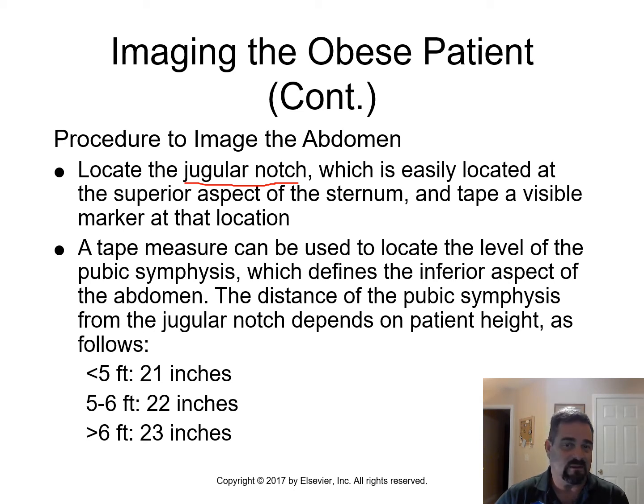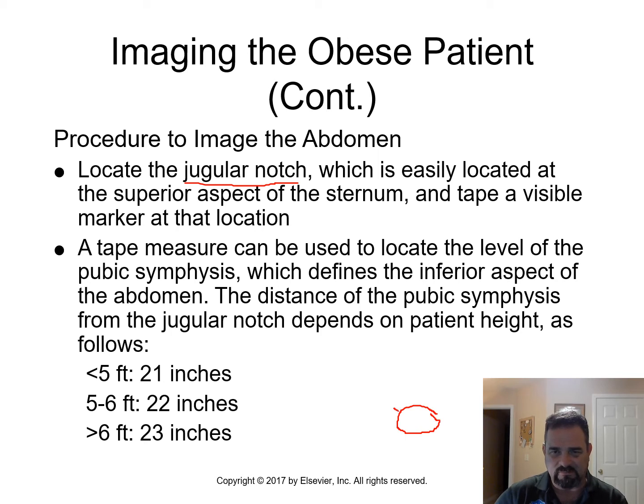So it's going to tell you that distance, and normally, if people are greater than 5 feet in height, in the average person, it should be 21 inches. And then, of course, 5 to 6 feet, 22, 6 foot, 23. But if you have the patient, I'm going to try to draw this, I'm not going to guarantee.